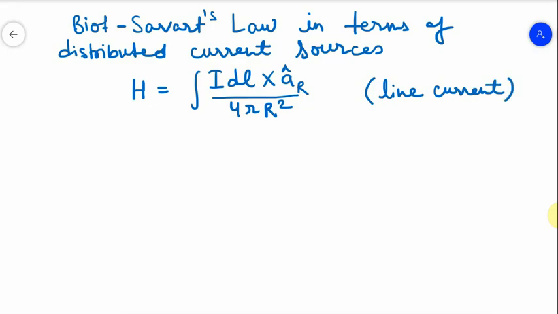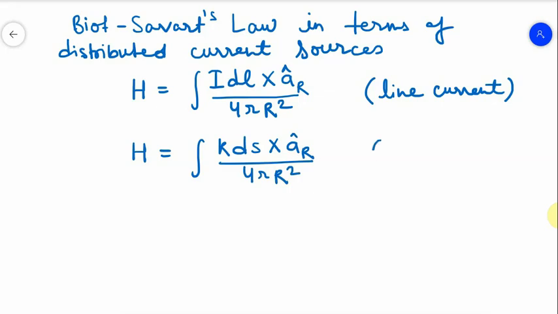Now for the surface current, in place of this I dl, what will appear? This K dS cross aR upon 4 pi R square. Okay, and this is for the surface current.